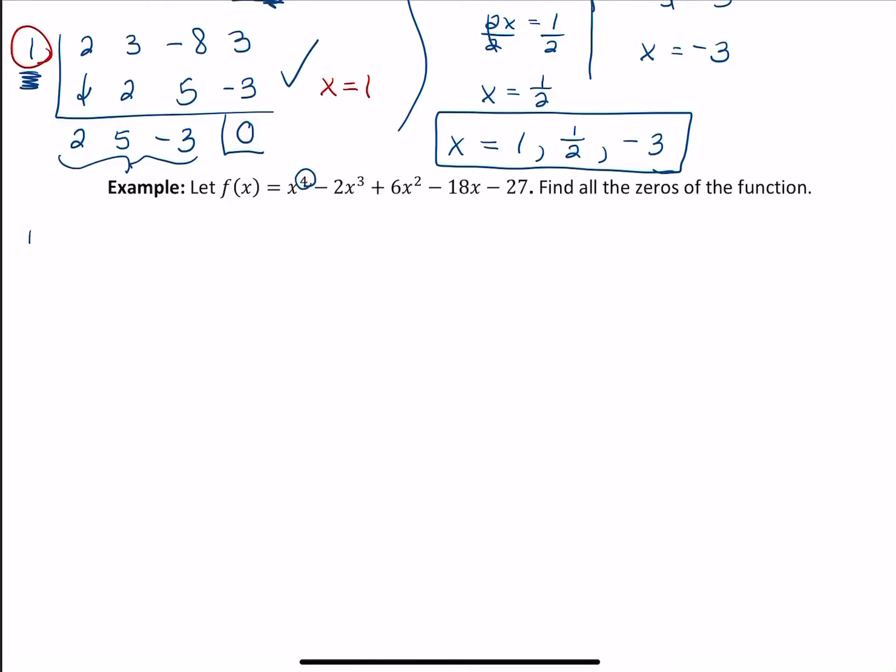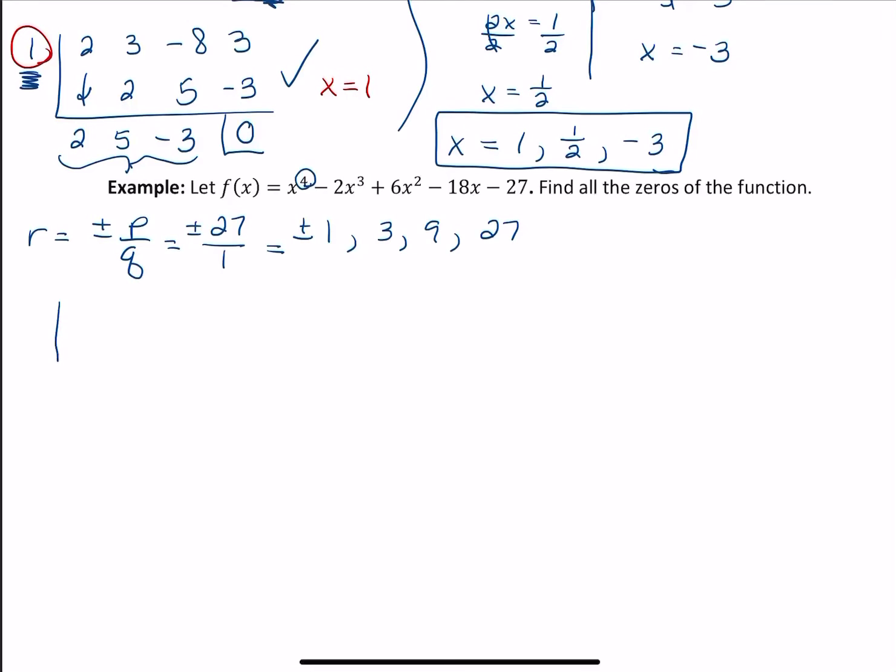So here, starting with all my possibilities, I'm going to have 27, or the factors of 27, over the factors of 1, which works out kind of nice because then you'll just have whole numbers as your possible rational roots. So I'll have 1 and 27 and 3 and 9. And remember, plus or minus all of those. So those are all my possibilities.